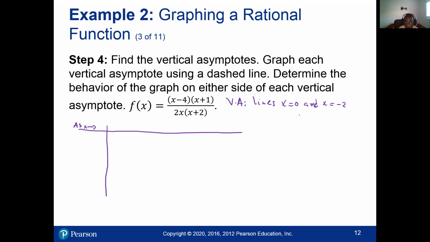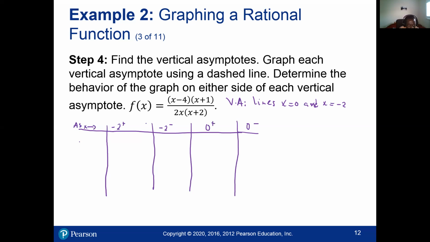We have -2 from the right, -2 from the left, 0 from the right, and then 0 from the left.